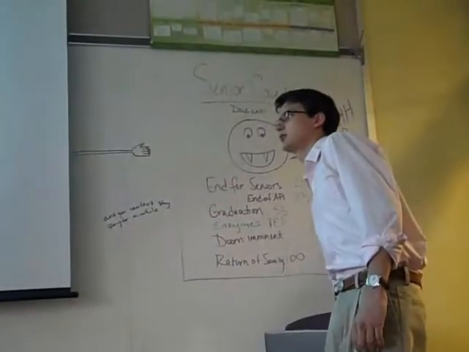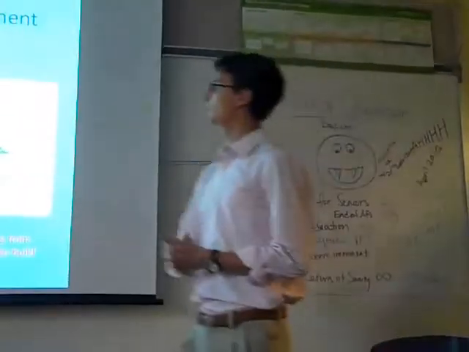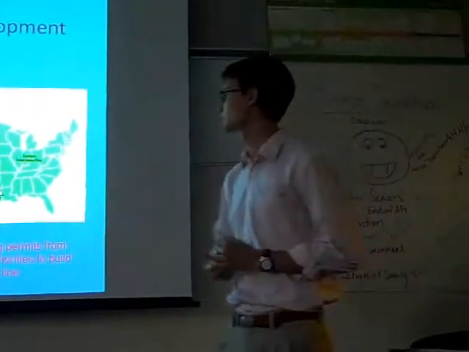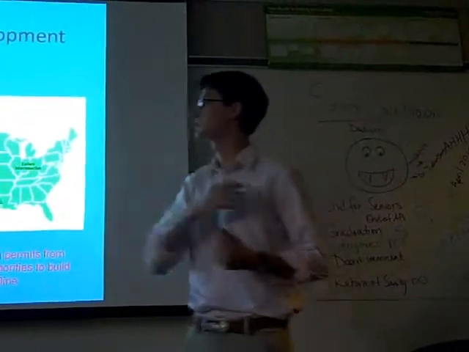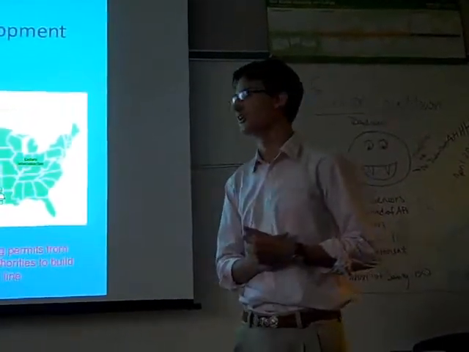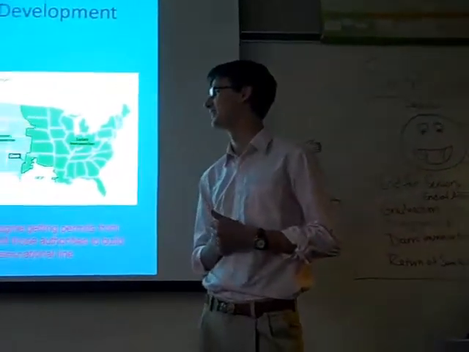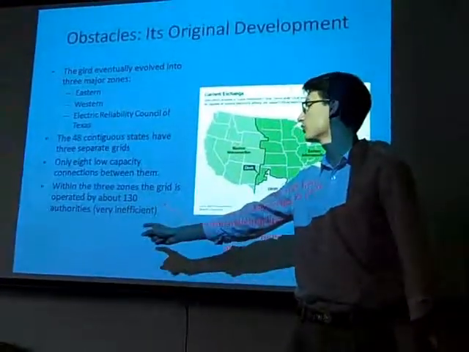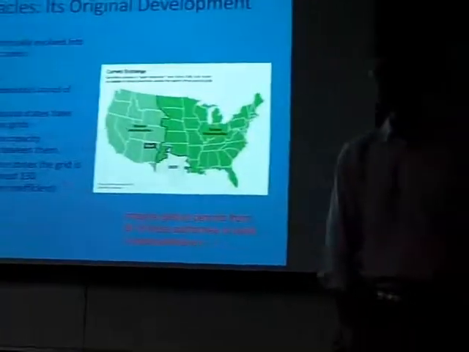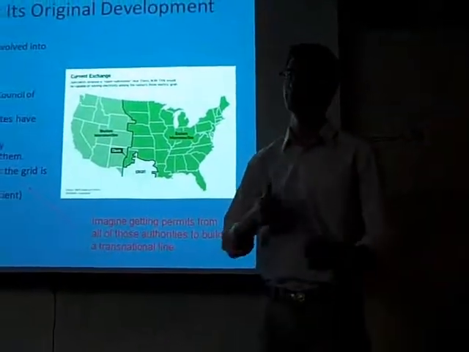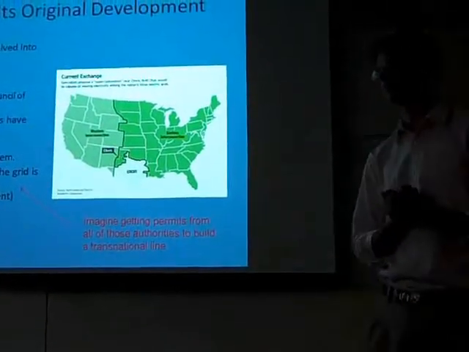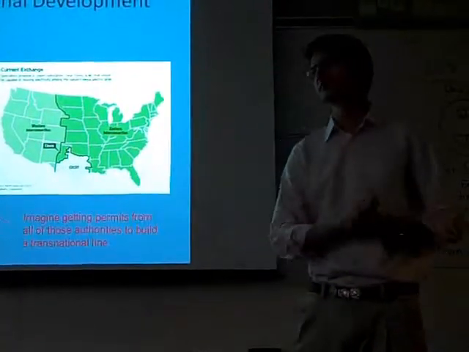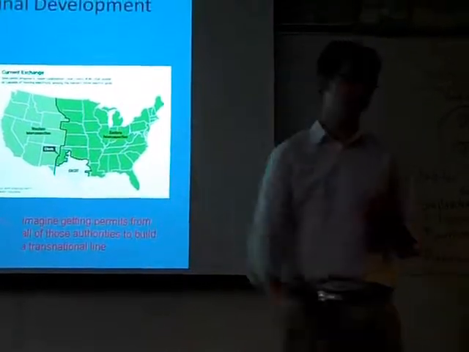So this is an interesting diagram. There are three main zones for the grid: the eastern, western, and Texas. You know them, so independent. But within them, there are 130 authorities. So this creates a lot of inefficiency for people wanting to build high voltage transmission lines, because getting permits from each of those authorities is extremely tough.